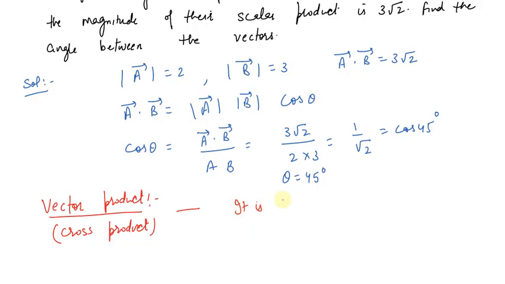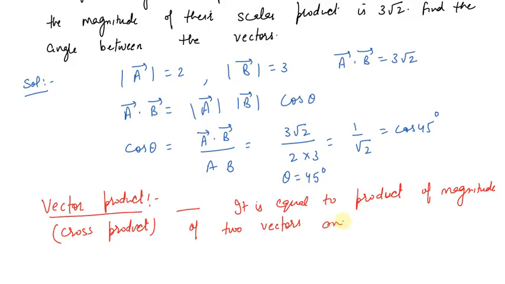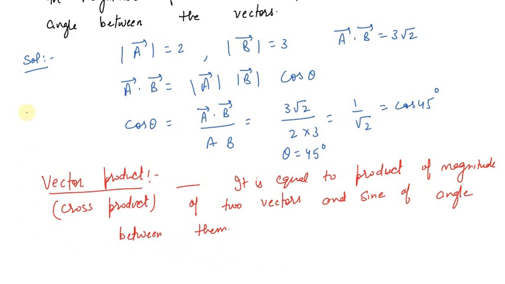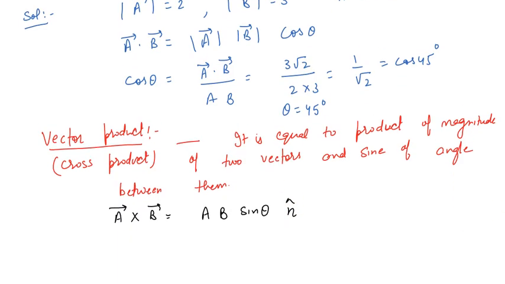It is equal to the product of magnitude of two vectors and sine of the angle between them. It has direction also.